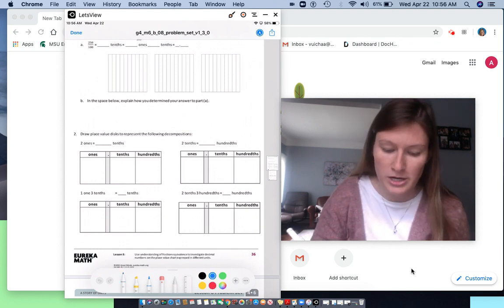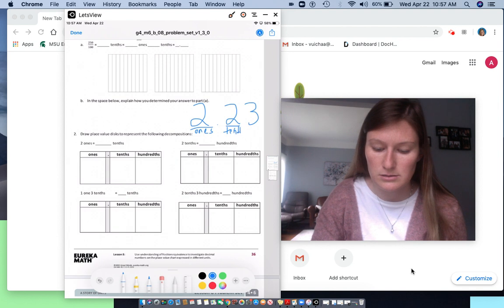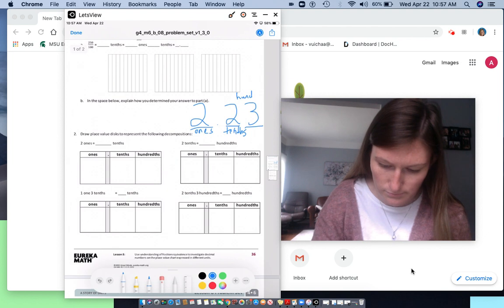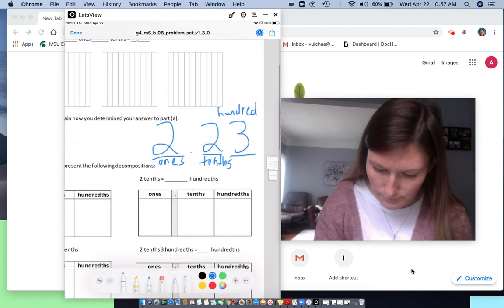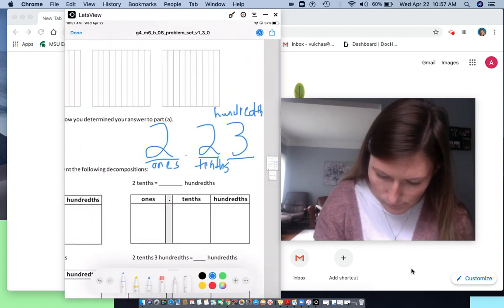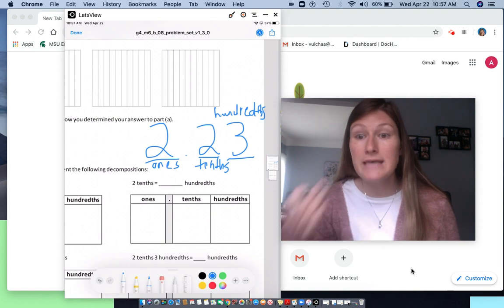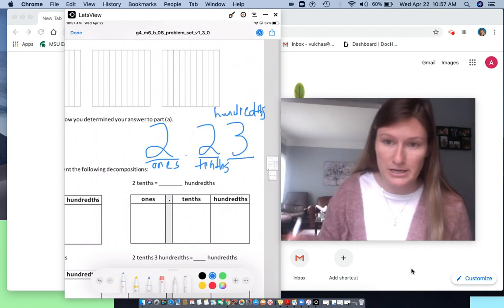As a refresher, if I have 2 and 23 hundredths, this is the ones place, this is the tenths place, and I'm going to write hundredths on top. Hundredths.